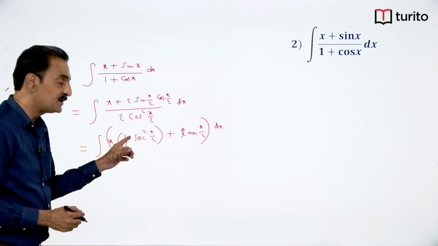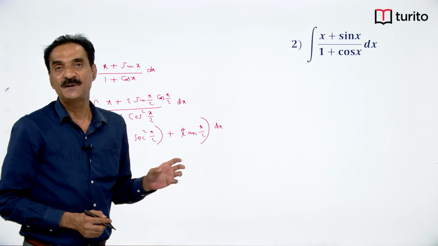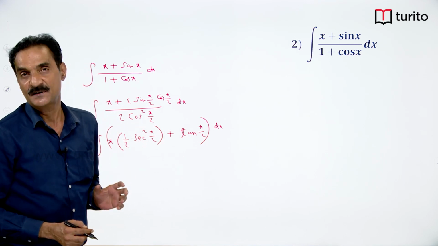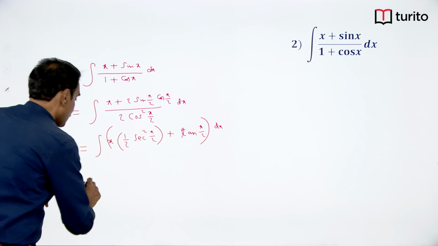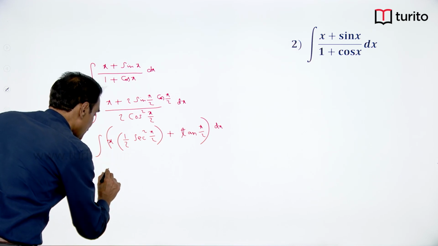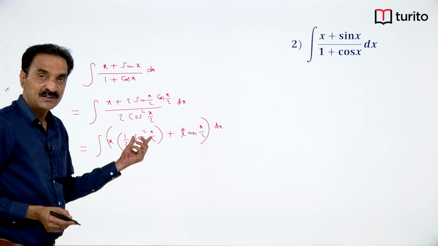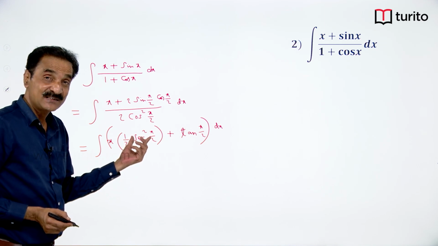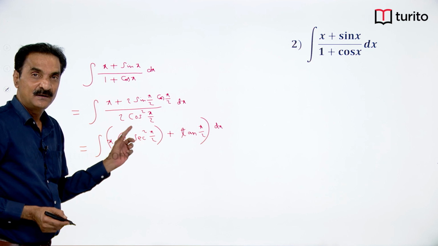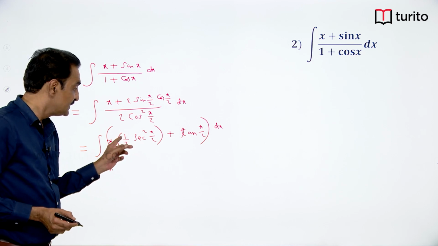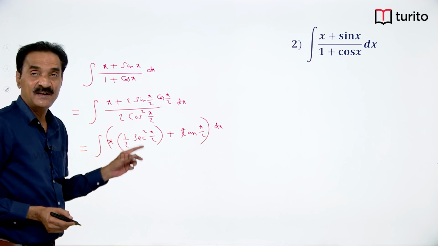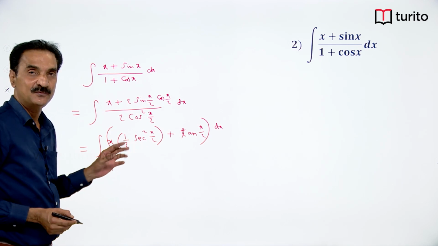This is algebraic into trigonometric. So, algebraic is first function, trigonometric is second function. So, its integral is first function into integral of second function. Integral of secant square x by 2 is tan x by 2 by 1 by 2. So, integral of half secant square x by 2 will be tan x by 2.